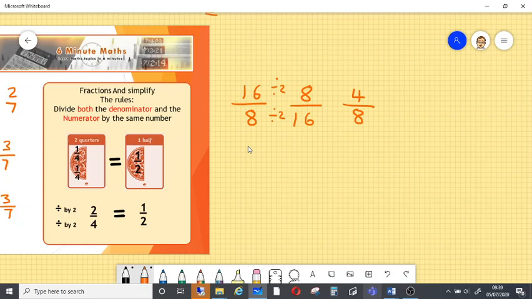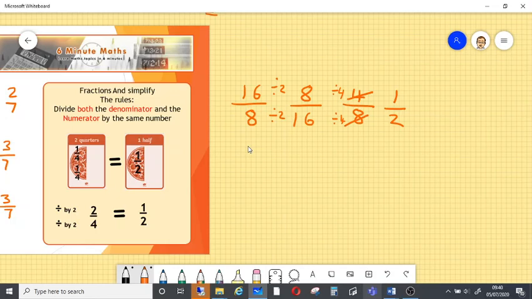But it can actually be reduced even further. With simplify, you have to get it down to its lowest form, so you can't reduce it anymore. So I could divide that by 4, and I could divide that by 4, which leaves me with 1 over 2. Because 4 into 4 goes once, 4 into 8 goes twice.